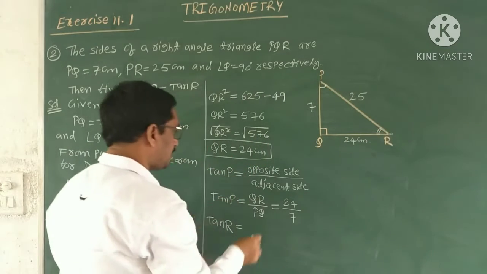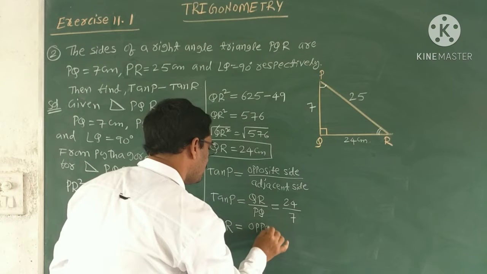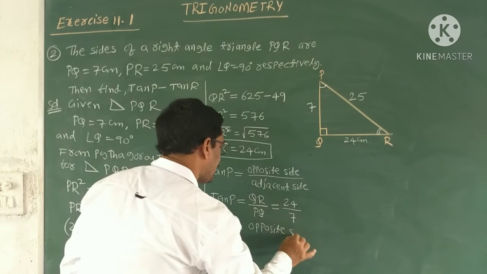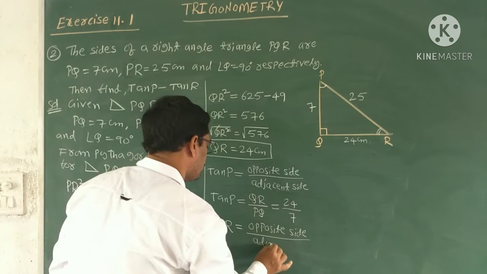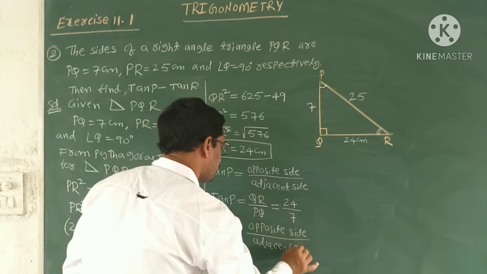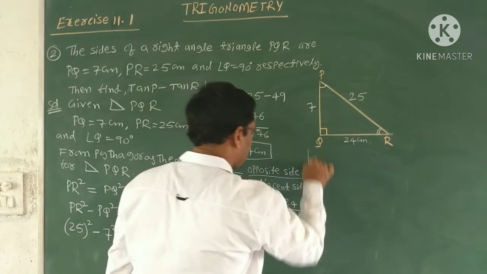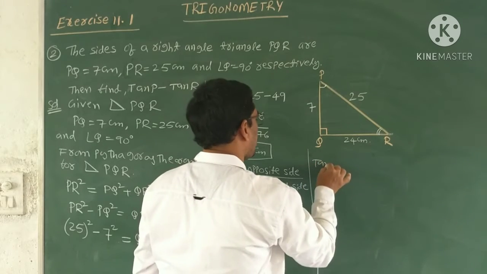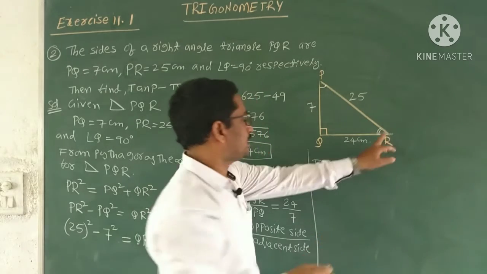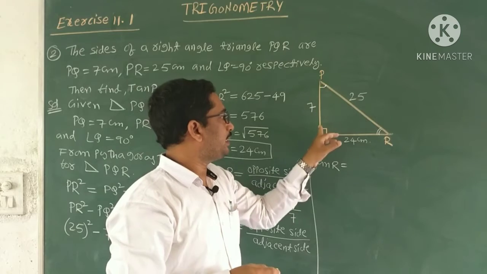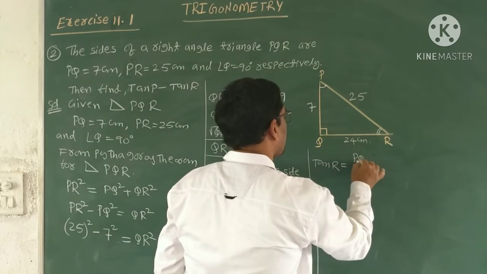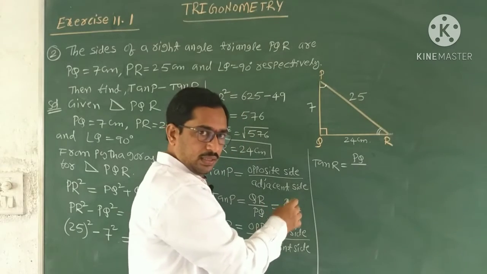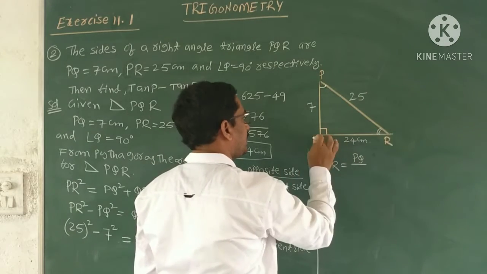Next to find out same tan R with reference of angle R. Same formula here, right? Opposite side by adjacent side. But what is the opposite side for tan R? With reference of angle R, the opposite side is PQ, which is opposite to angle R. So PQ by adjacent of angle R, adjacent side of angle R is QR.